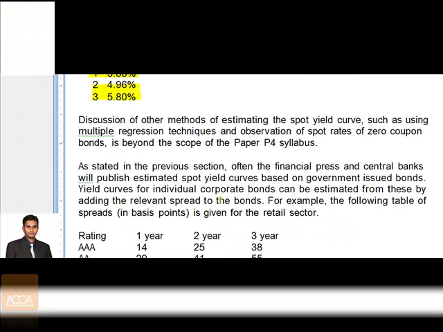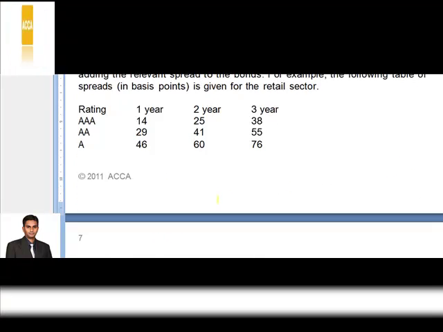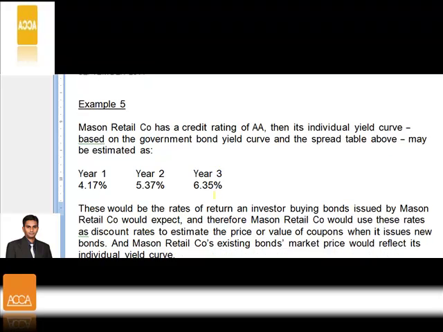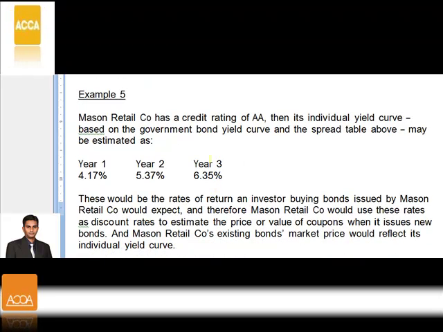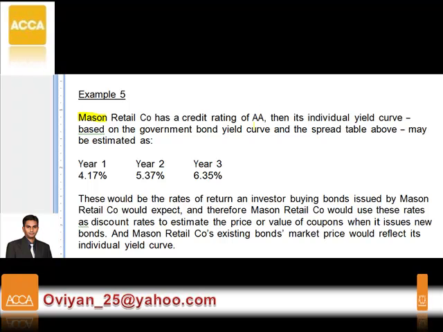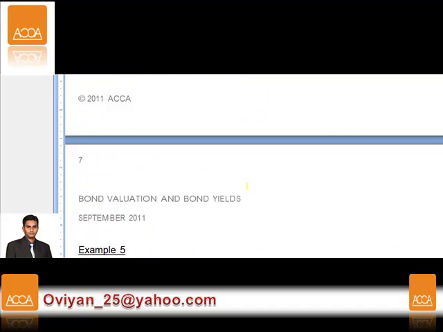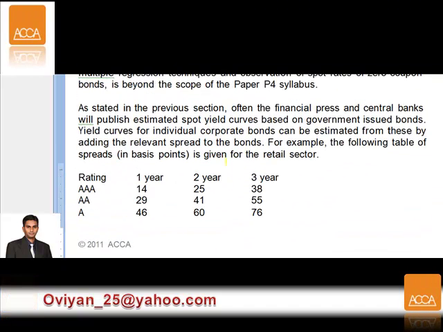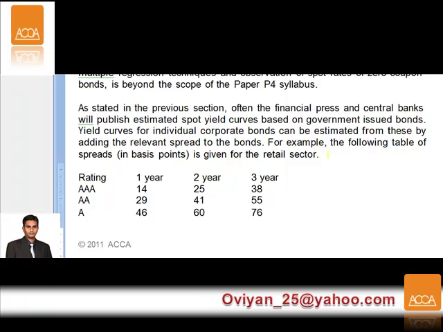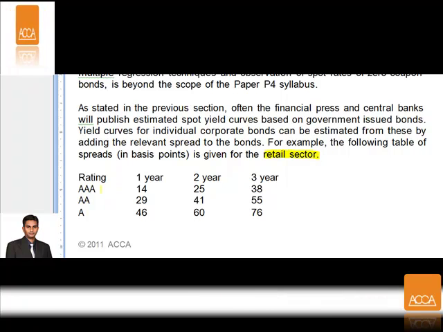Now, just moving on very quickly, if we go to example number 5, it's nothing much here, just a simple interpretation. Now, Mason Retail has a credit rating of AA. So if you are credit rated AA and looking from the spread, this example is from the retail sector spread.